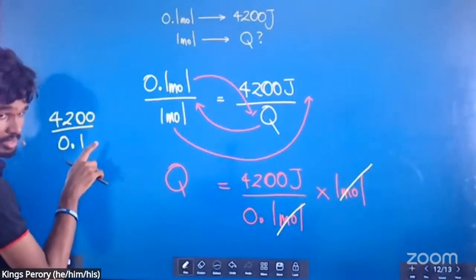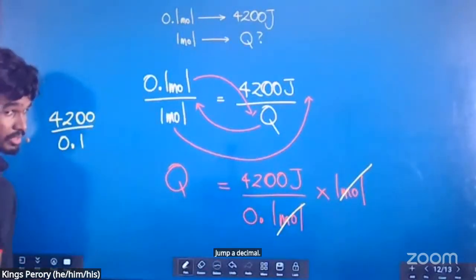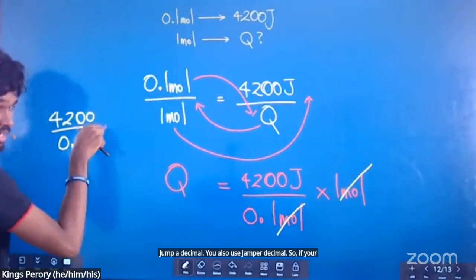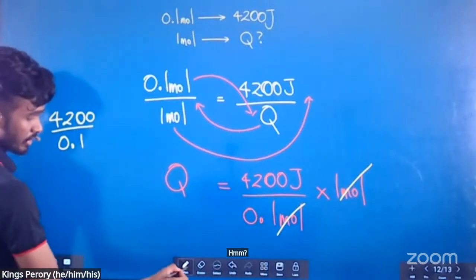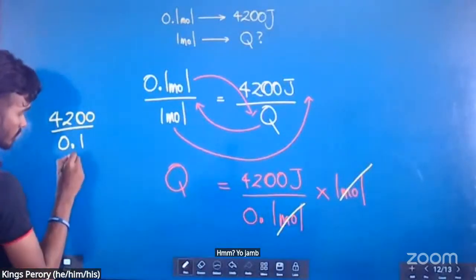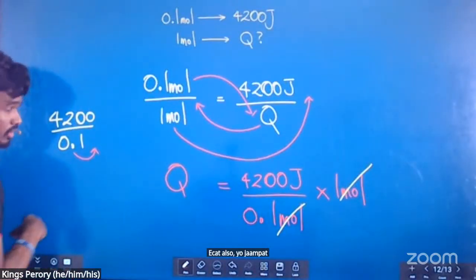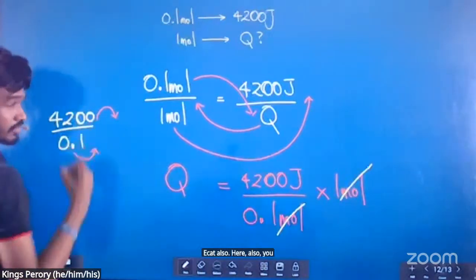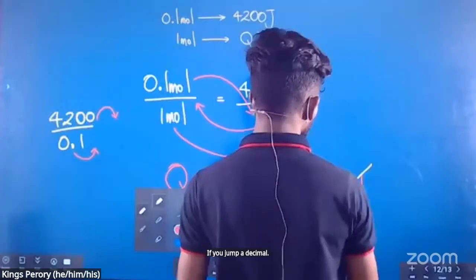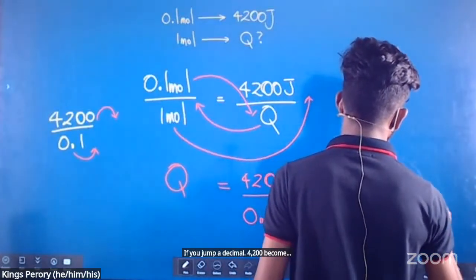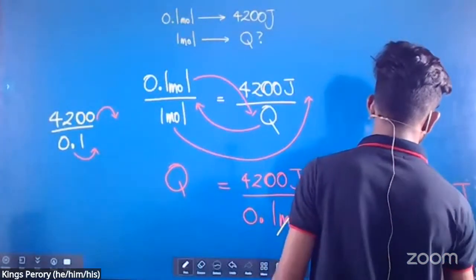Jump a decimal here, and here also you jump a decimal. If you jump a decimal, 4,200 becomes 42,000 joules.